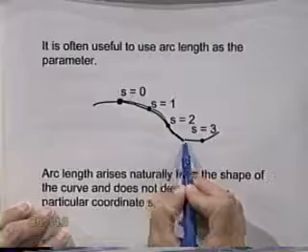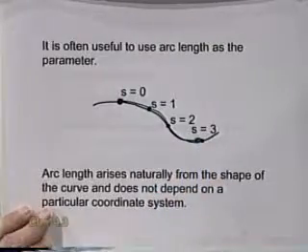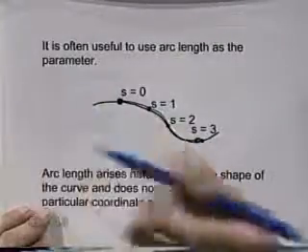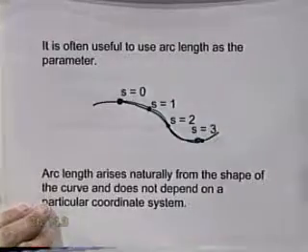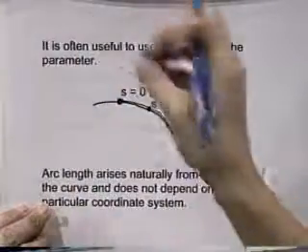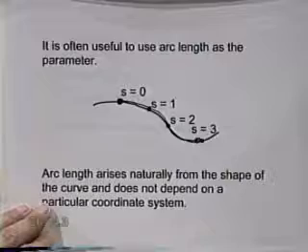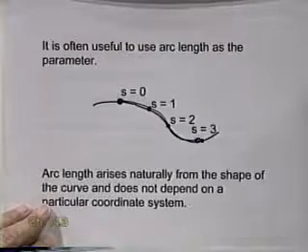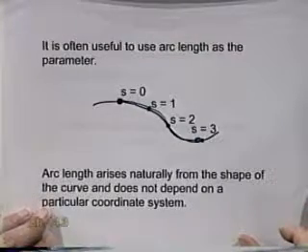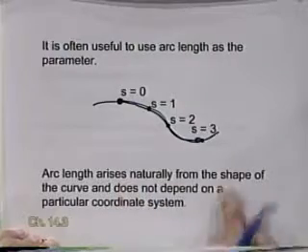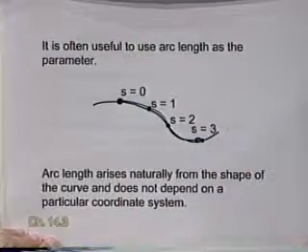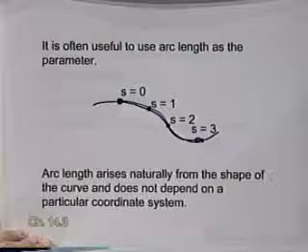And go along another unit and let that point correspond to s equals 3. So if I wanted to know what corresponds to s equals 10, I just walk along the curve, and when my odometer says 10 units, that's the point that corresponds to s equals 10. Arc length arises naturally from the shape of the curve, and it does not depend on the particular coordinate system that you might have picked.